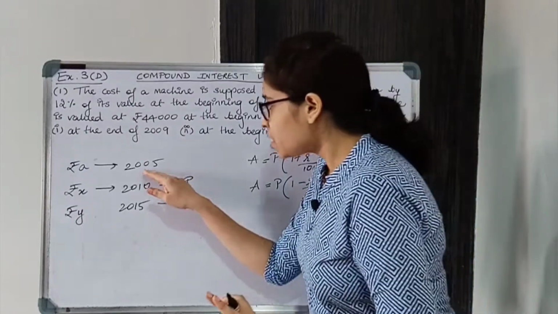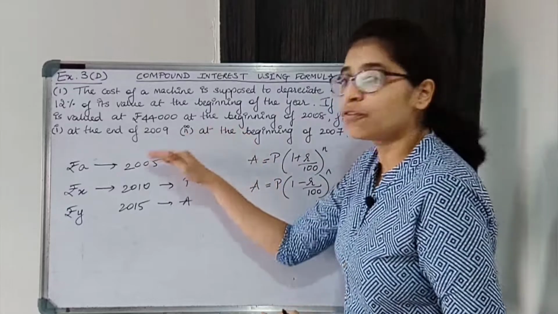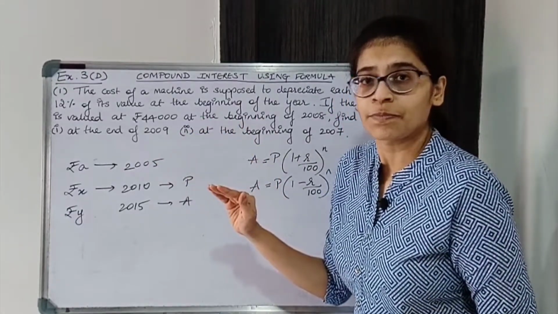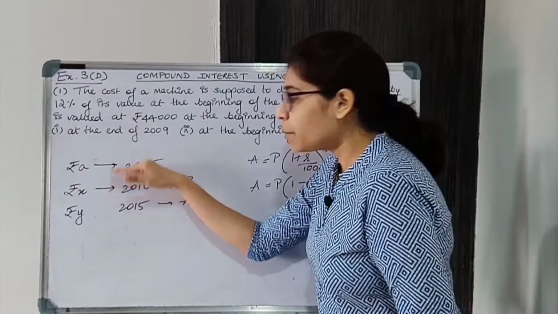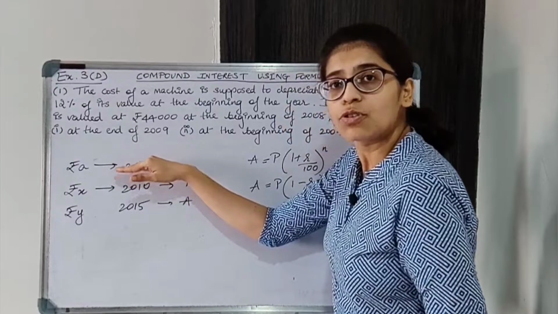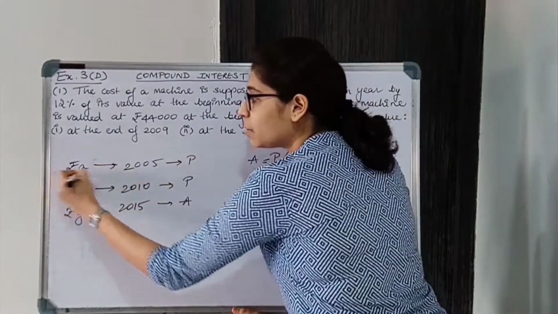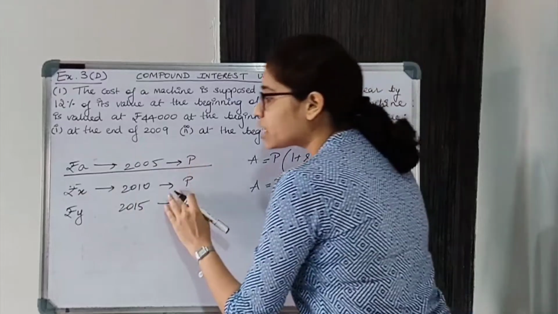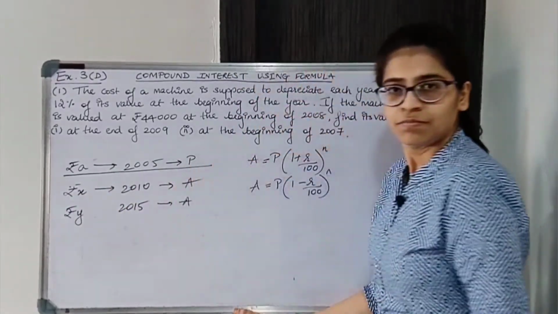Now 2005 and 2010, which year is coming before and which year is coming afterwards? 5 comes before and 10 comes afterwards. So when you are comparing 5 and 10, 5 comes before, so in this case this is the principal. The costing in this year is the principal, and the costing in this year is amount.